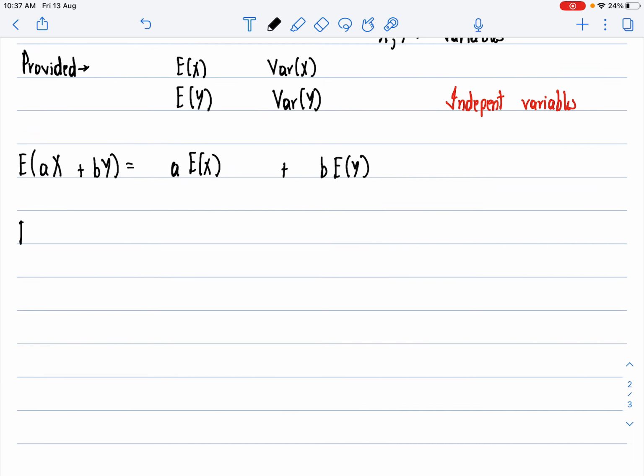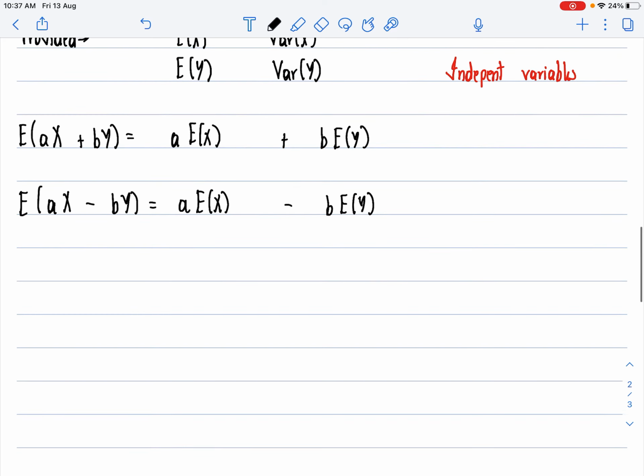Now they'll ask you the mean of AX minus BY, which is equal to A into the E of X minus B into the E of Y. Correct? Really simple. As it is, the signs are same, everything is same.